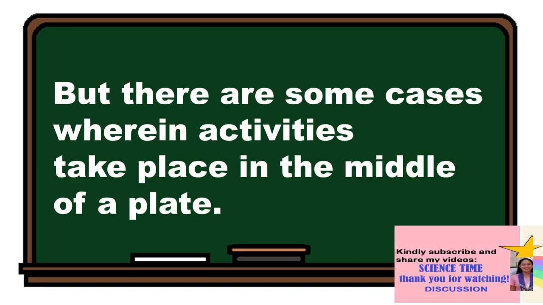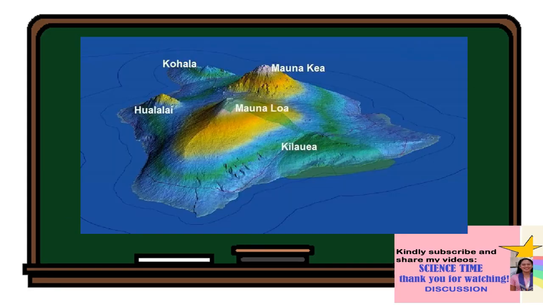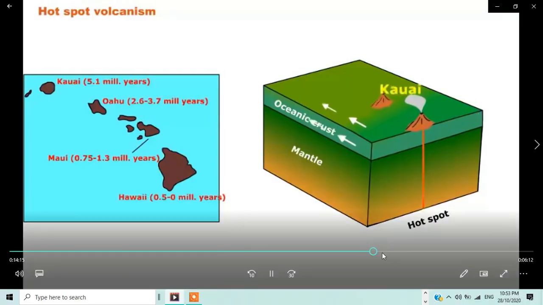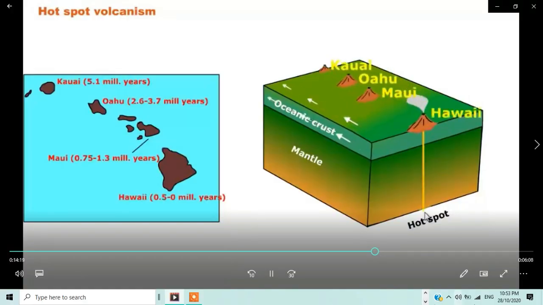Let's take the case of the Hawaiian Islands. Here, we can find some of the largest and most active volcanoes of the world. If we look at Hawaii, it is situated right in the middle of the Pacific Plate and not along the boundaries.